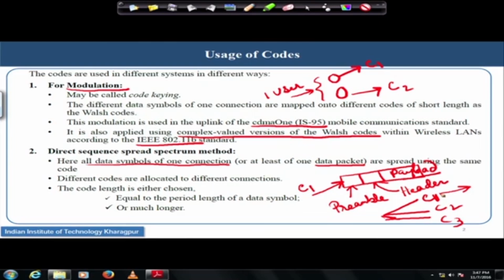But when these different codes are allocated to different users, we say the codes are being utilized for multi-user communication.